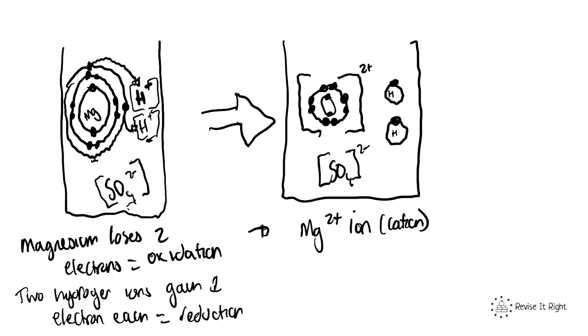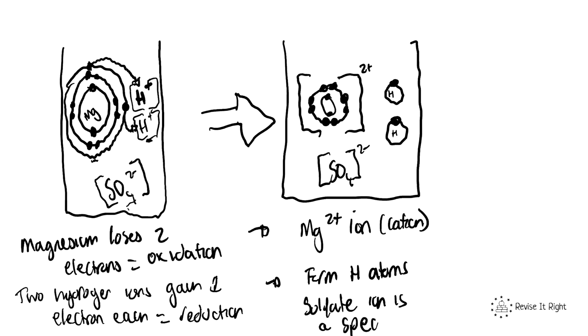And the 2 hydrogen ions form H atoms. And the sulfate ion is again spectating, so we call it a spectator ion.